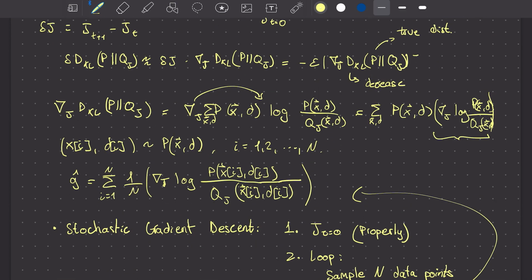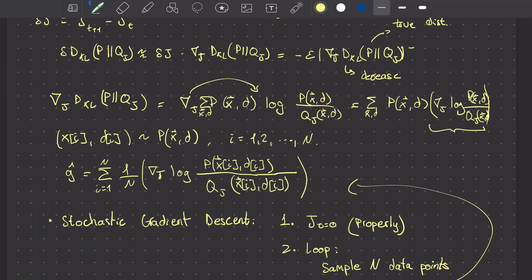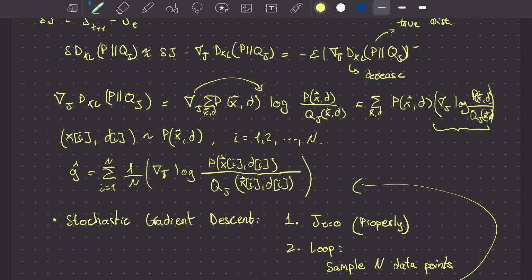But yeah, hopefully I managed to explain myself clearly, and now you understand, or at least have a notion of how the gradient descent method and its stochastic version work.